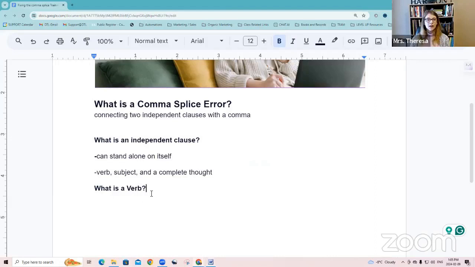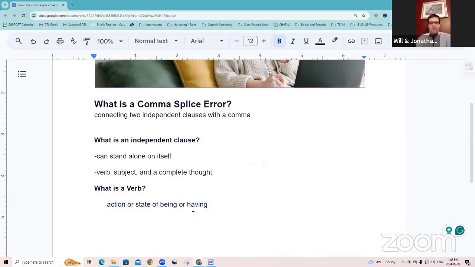Okay, so some people tell me that they are actions or that they're the action word in the sentence. They're actually that plus something else. They are also actions or states of being or having. So here we go again. What am I talking about, a state of being or having? That's kind of a weird thing to say.